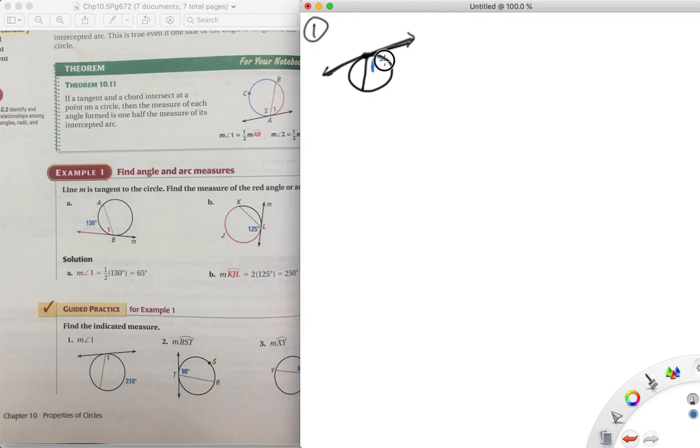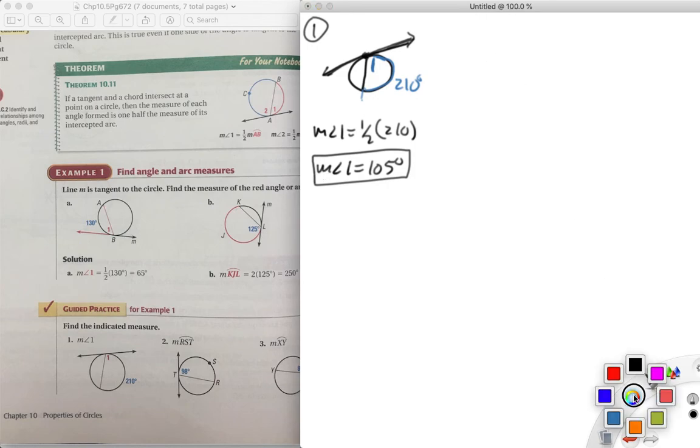Here is the intercepted arc of angle 1, right? If I was to expand this guy this way, this is captured and it's 210 degrees. We want to know how much angle 1 is. So if we use theorem 10.11, we have that angle 1 is equal to half of that arc, which is half of 210. So we can say that angle 1 is equal to 105 degrees.